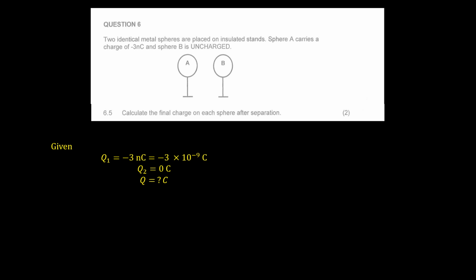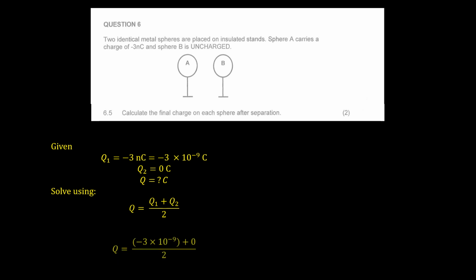So sphere A will transfer part of its charge to sphere B until the two spheres have the same charge. To solve this, we will use the expression that the final charge Q on both the spheres is equal to the sum of the two charges on each sphere before they touch divided by 2. This means that the spheres will split the total charge in this system in half.